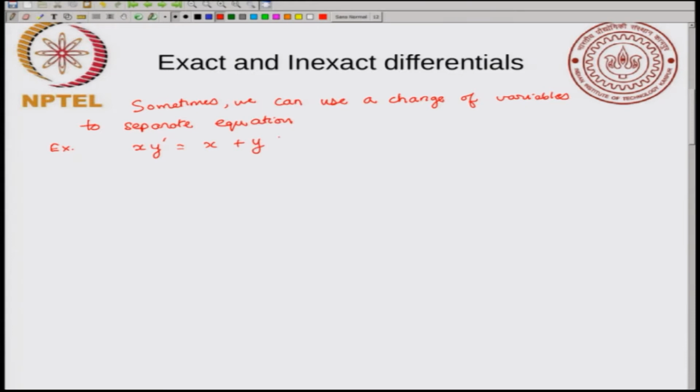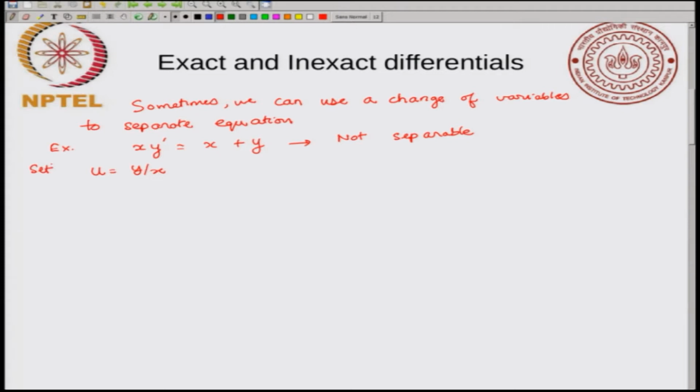Now, you can see this, you cannot separate this, it is not separable. However, let us say u equal to y by x.